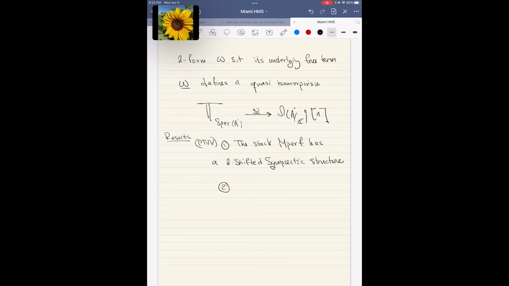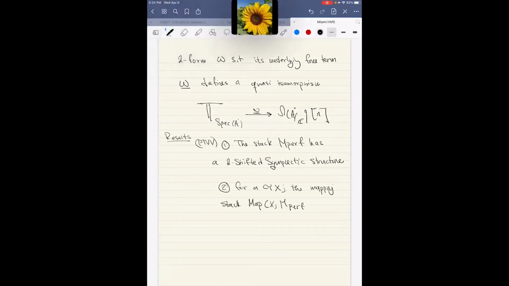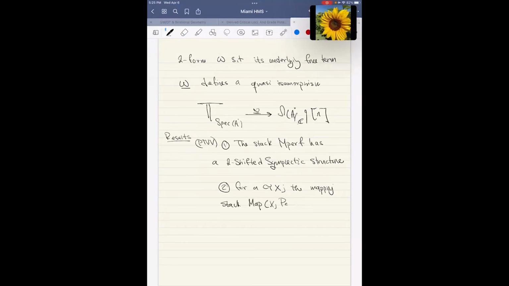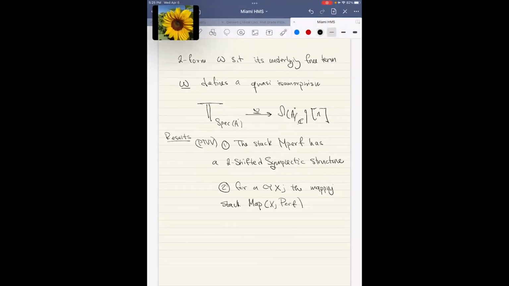The second result is that, not only that, for a Calabi-Yau manifold X, the complicated mapping stack of maps from X to M-perf, maps from X to the category of perfect complexes, so basically these are perfect complexes over X, has a 2 minus n shifted symplectic structure, where n is equal to the dimension of X. So if your X is a Calabi-Yau 3, you have a -1 shifted symplectic structure.